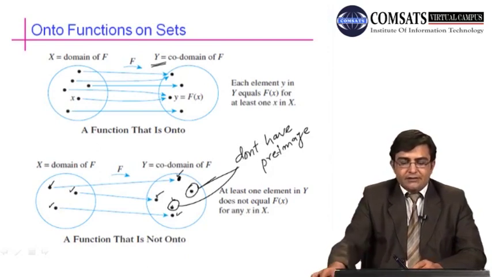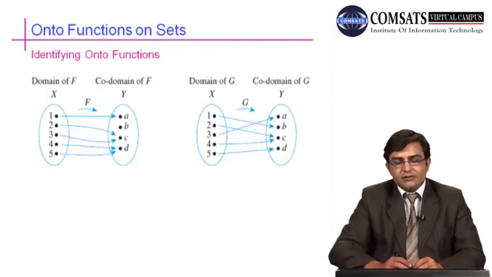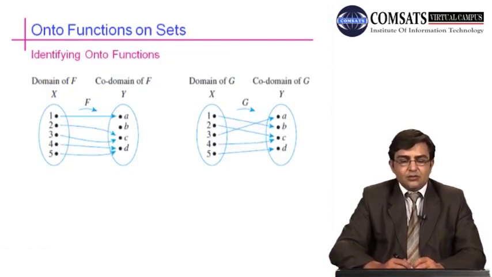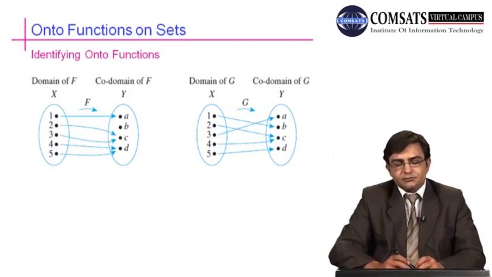So we see it with the help of an example, in which, in these two arrow diagrams, we have to identify which one is an onto function and which one is not.